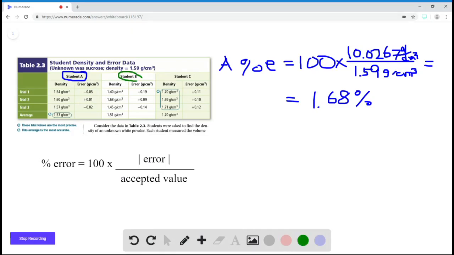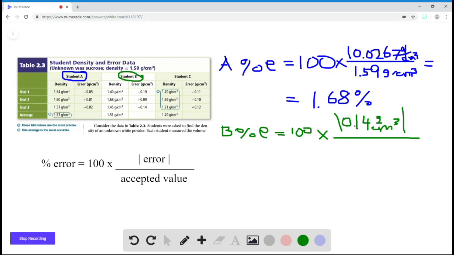We'll call student B green. So now student B's percent error is going to be equal again to 100 times the absolute value of the error, which, if you take the average of 0.19, 0.09, and 0.14, all in absolute value, you get an average of 0.14 grams per centimeter cubed.